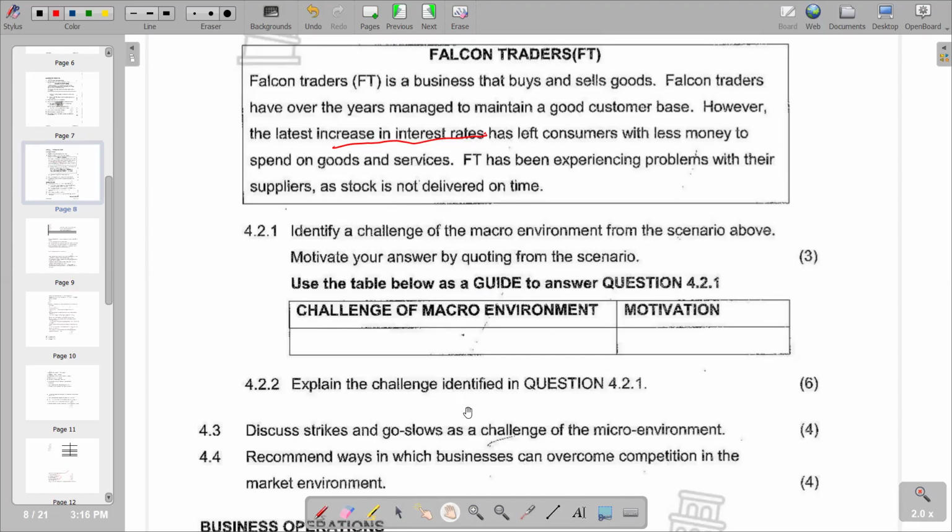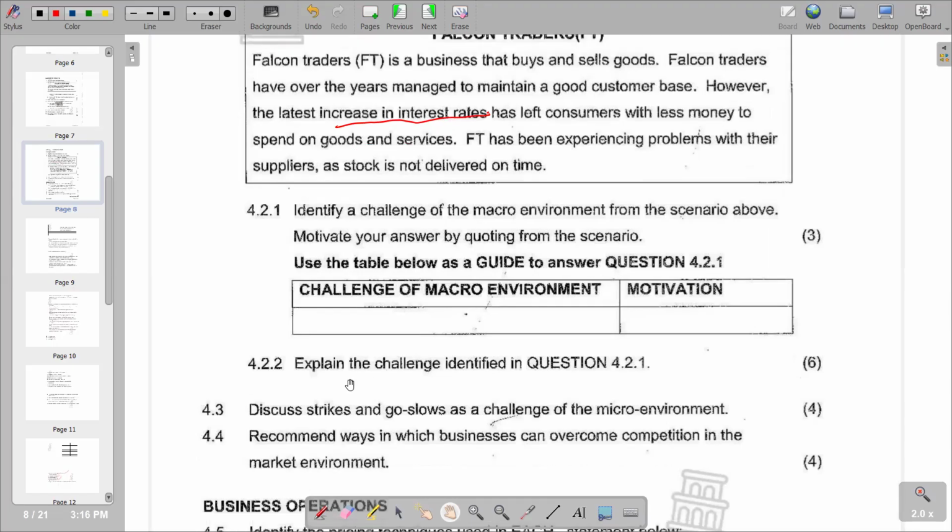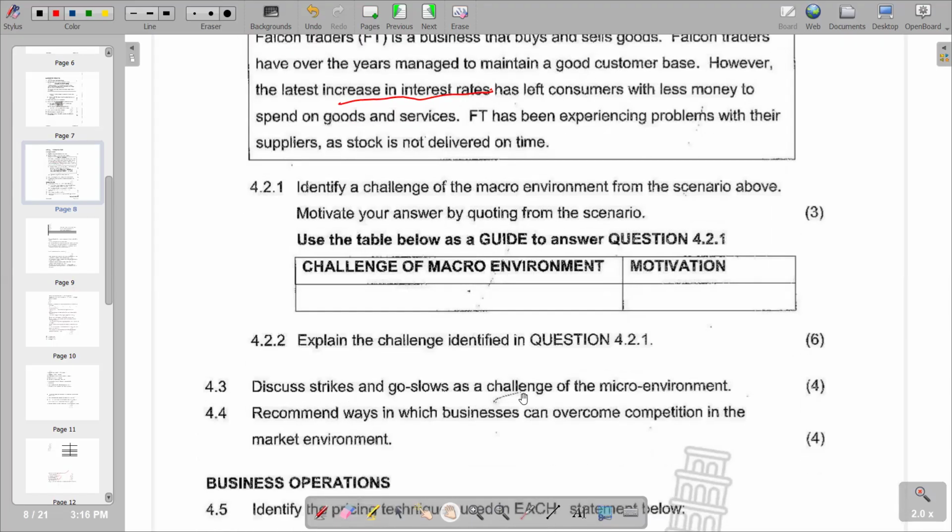This reduction in spending is also going to affect the whole economy, as businesses make less profits and produce less, since they have less retained profits to use to produce more goods and services. So those are some of the points that you can include on 4.2.2.